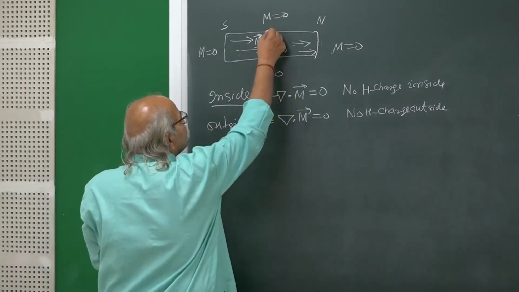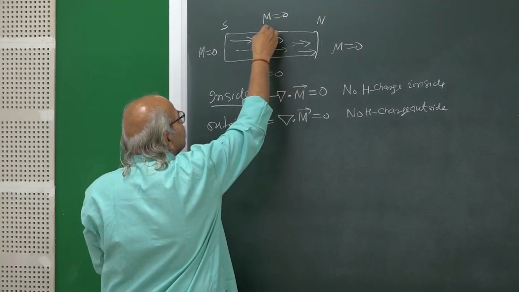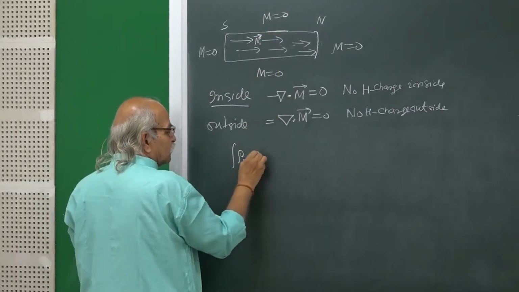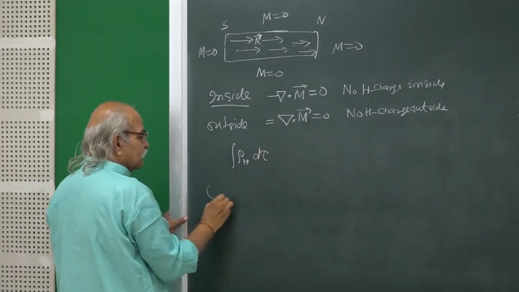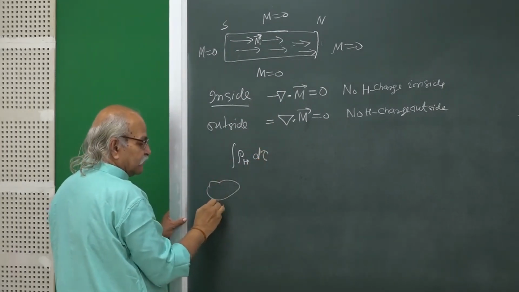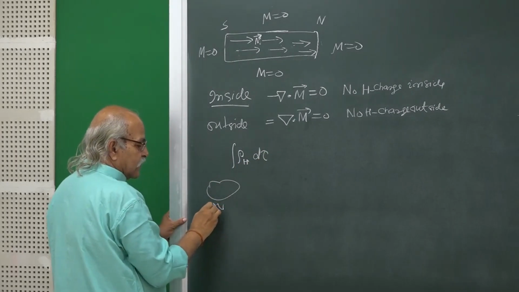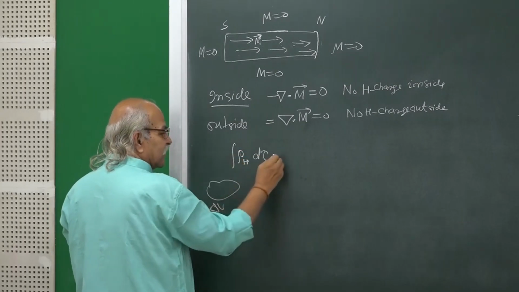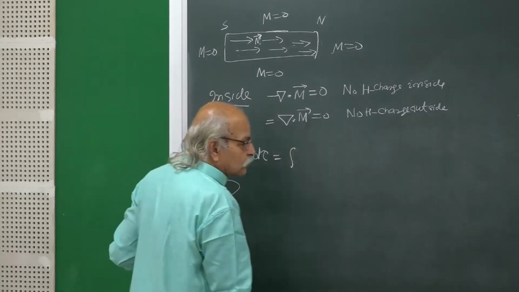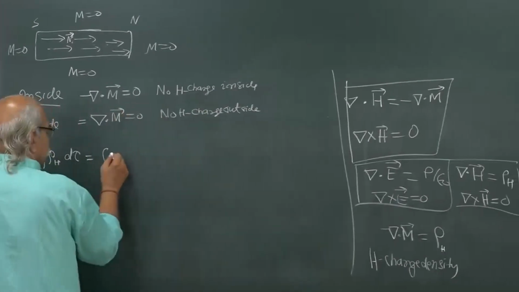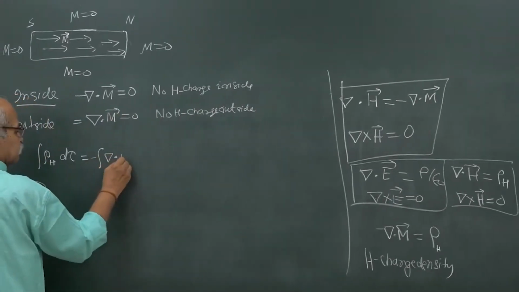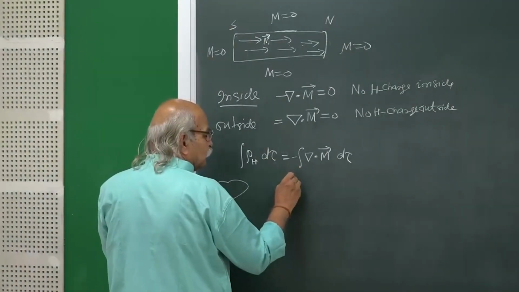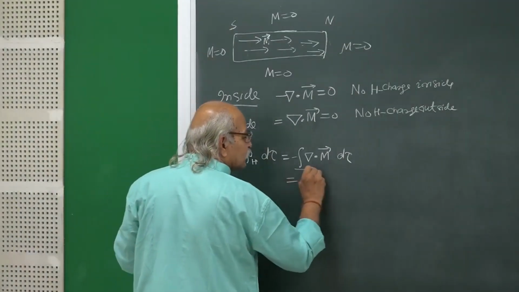Now, let me first do this rho H d tau in a volume. Suppose I have some volume delta V, and I calculate this rho H d tau on this volume, and rho H is minus of divergence of M. This is rho H and d tau. But you also know the Gauss divergence theorem.